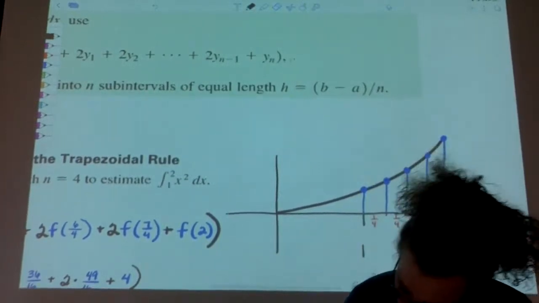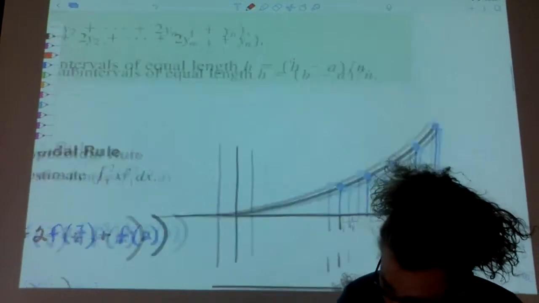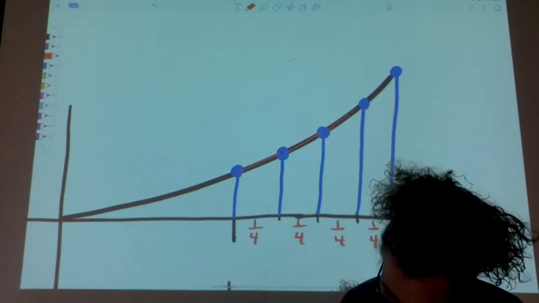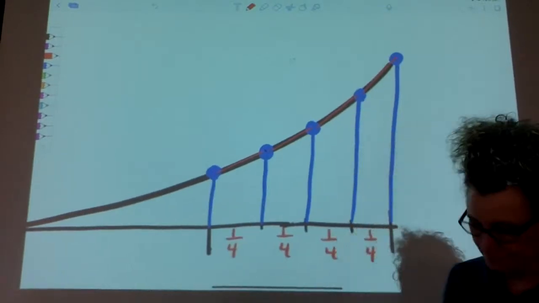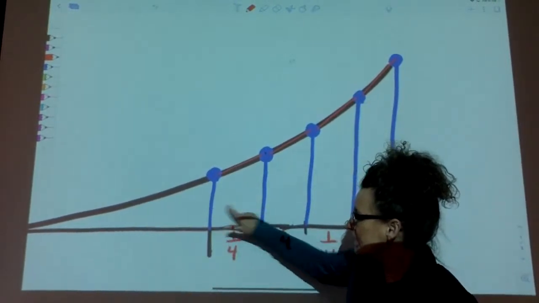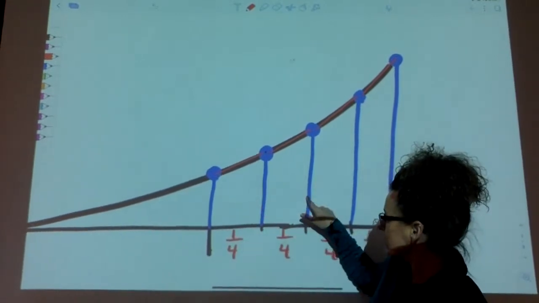Now I'm going to go through and put the rooftops on. Let's see. Rooftop, rooftop, rooftop, rooftop. Trapezoid 1 has this height and these 2 bases. This trapezoid, height, these 2 bases.